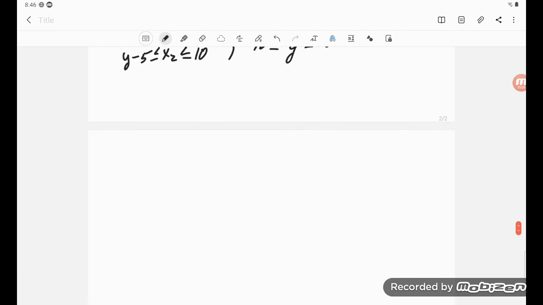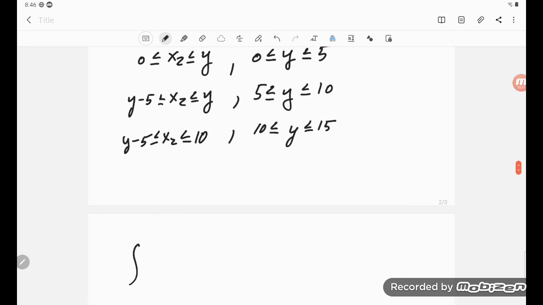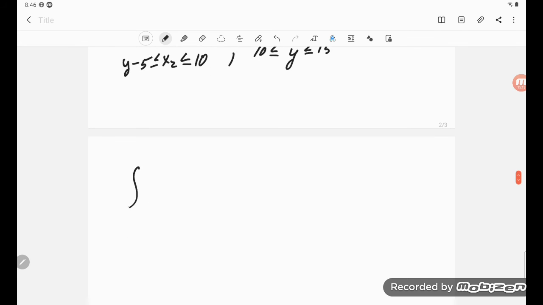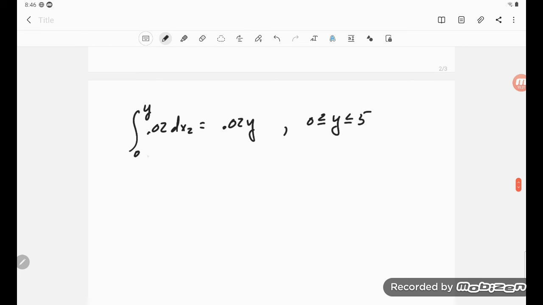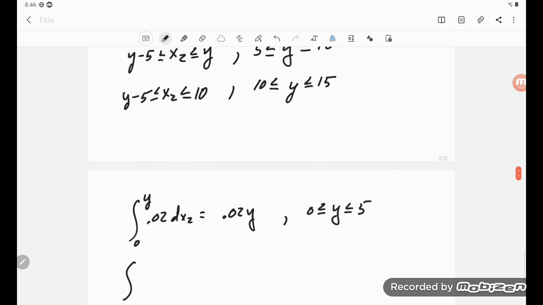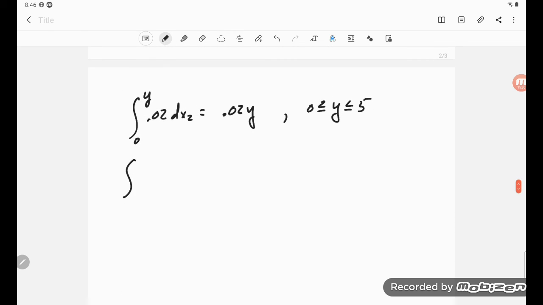And now we integrate with respect to x2. And so we'll have an integral from 0 to y of 0.02 dx2. And that is 0.02y. And that's for y between 0 and 5. So far we're matching our first answer. Then we have the integral from y minus 5 to y of 0.02 dx2.